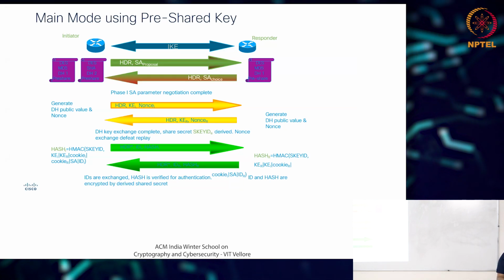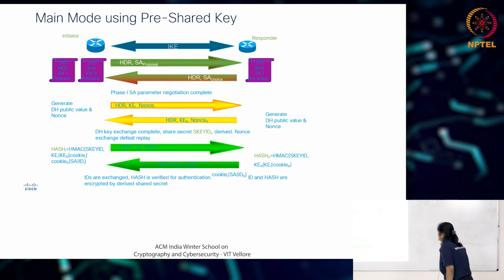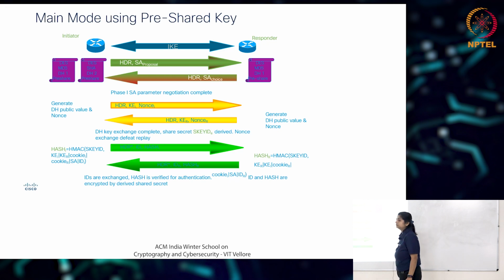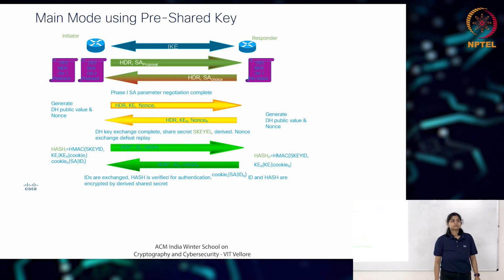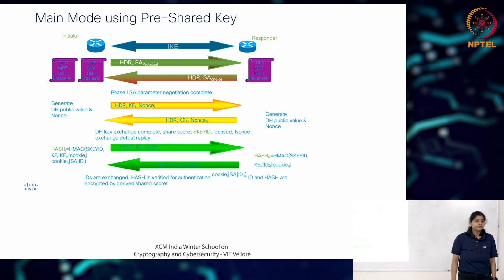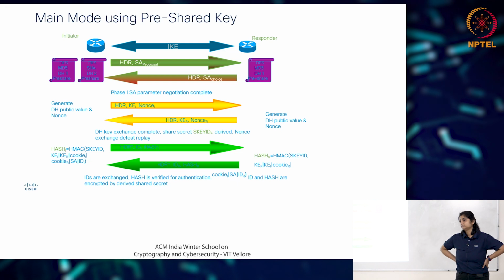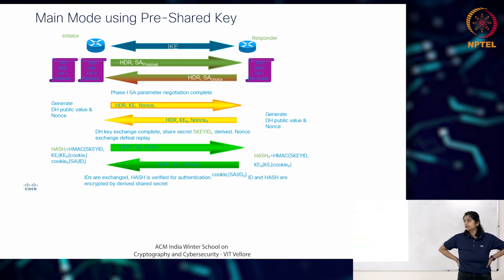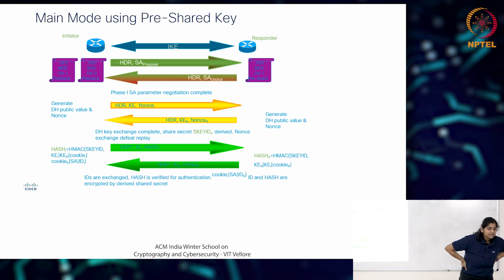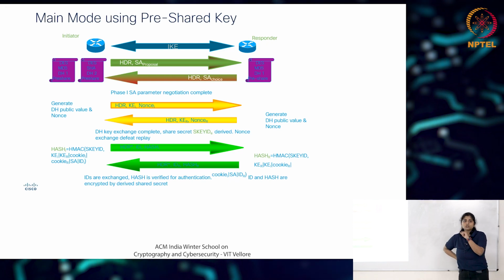Go to packet number 6 and 7. Interesting. Packet number 6 and 7 are encrypted. You're not able to see any hash values or anything there. It just says encrypted data. So what happened?